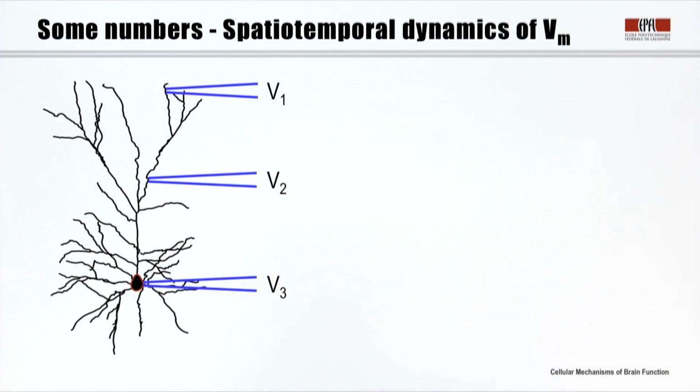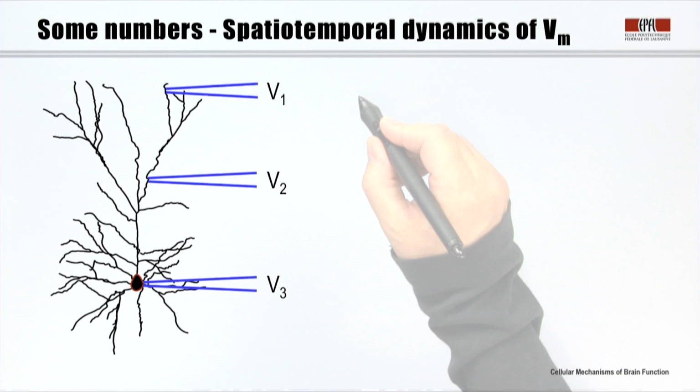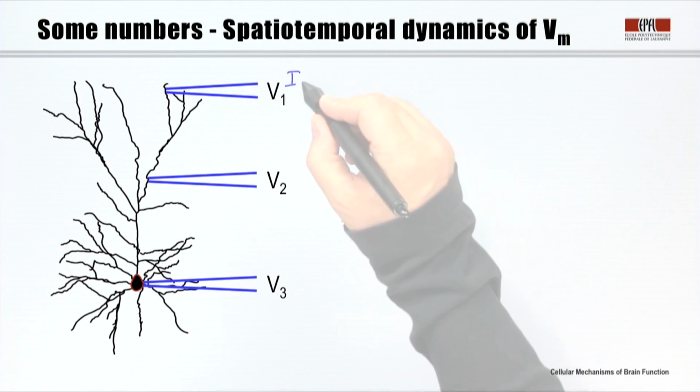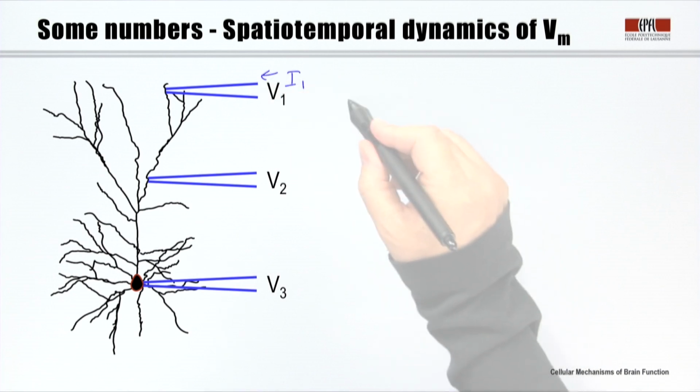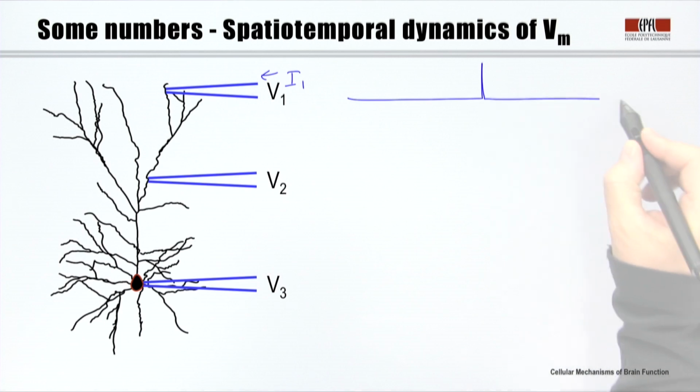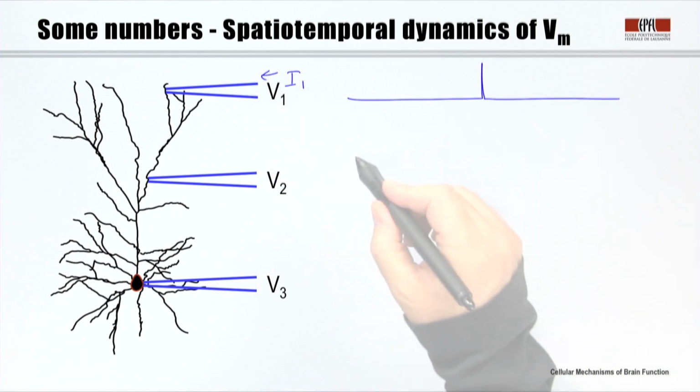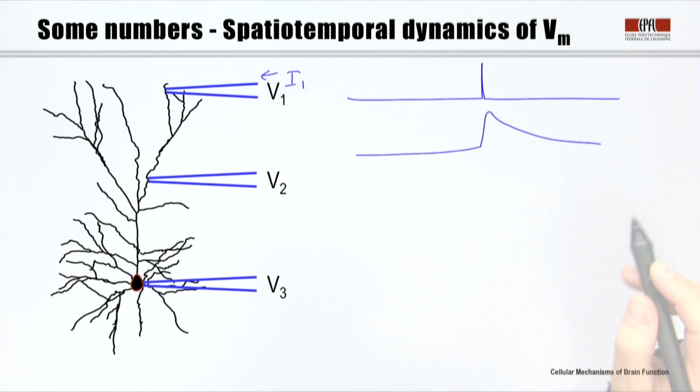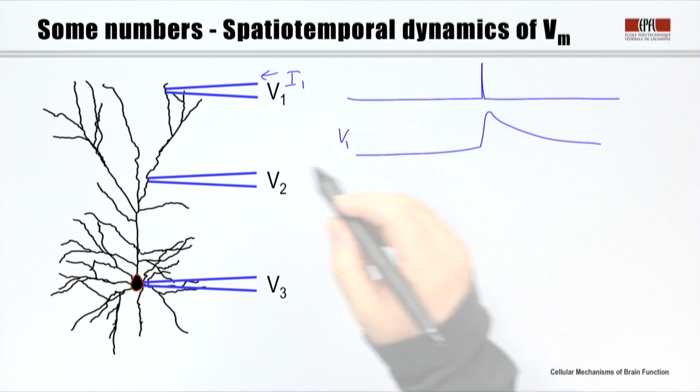The situation, however, becomes even more extreme when we think about brief current pulses. Again, we consider injecting current here into electrode 1, but now just a brief current pulse. We charge the membrane and then it relaxes because of the current spread rapidly flowing away from that location.